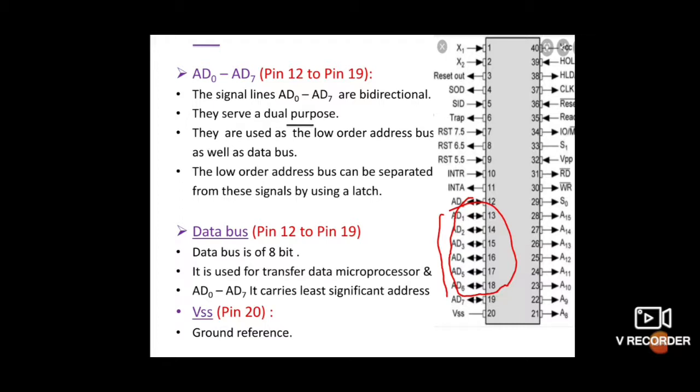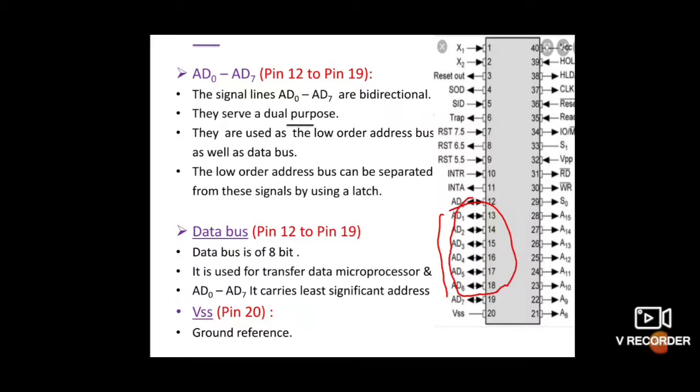They are separated by using a latch. To recognize which is address and which is data: if the first clock cycle arises, the address is sent, and in the remaining cycles the data bus is used. And the last pin is VSS. VSS means ground reference. Understood, student?